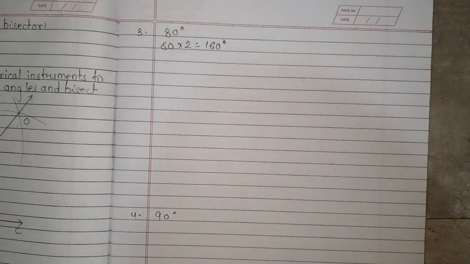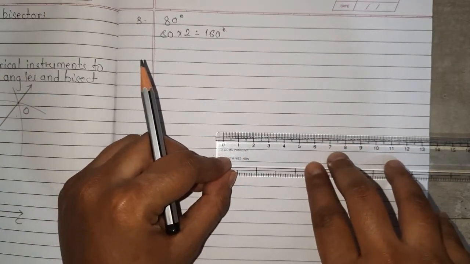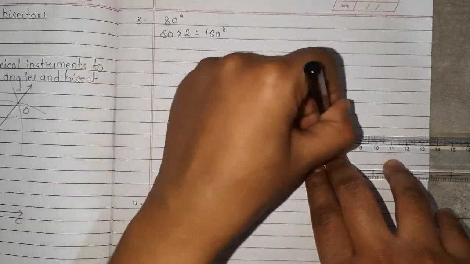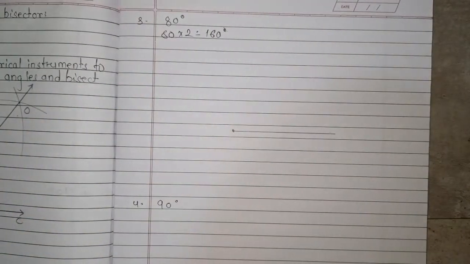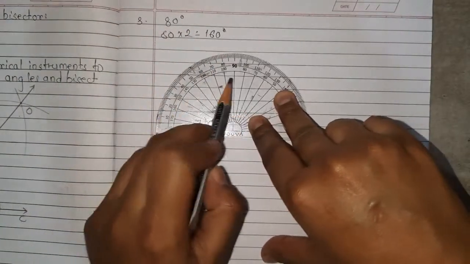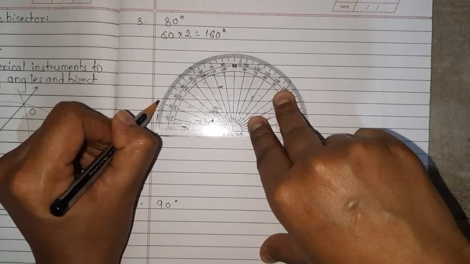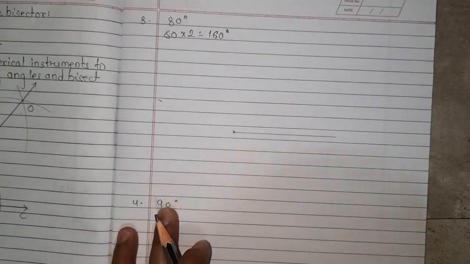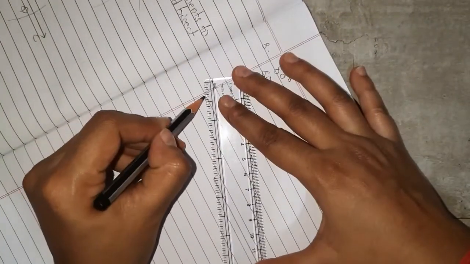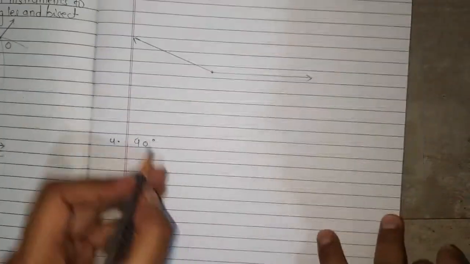So we have to draw the angle of 160 degrees. 160 degrees is greater than 90 degrees, so it should be an obtuse angle here. Let us name it as angle XYZ.